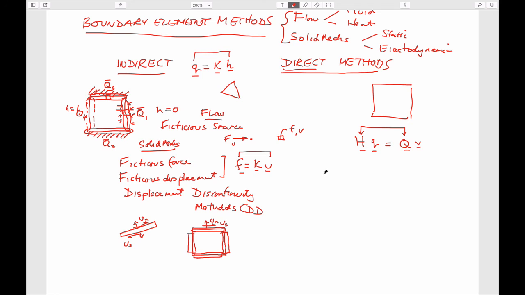And so these are sometimes referred to as boundary integral equation methods.